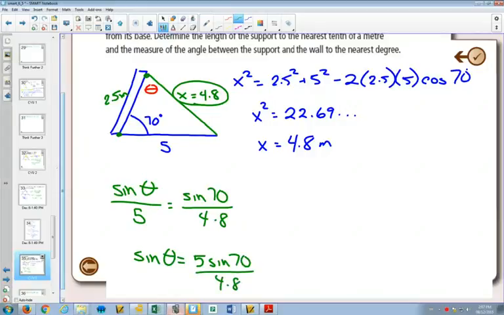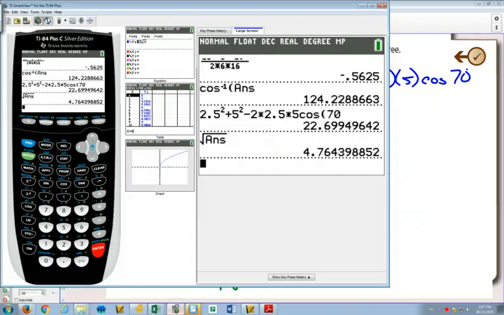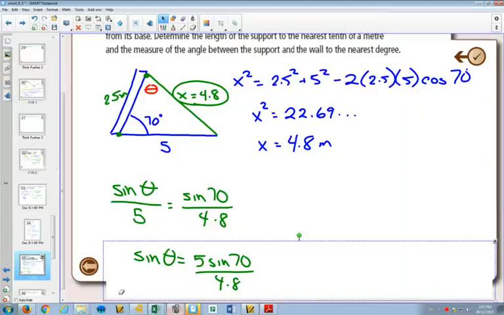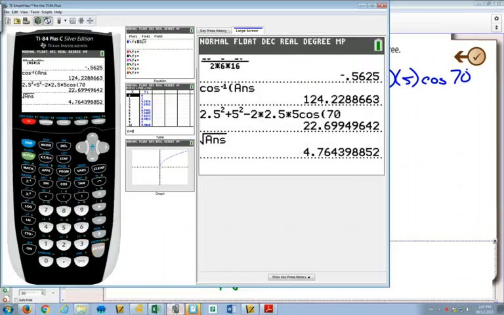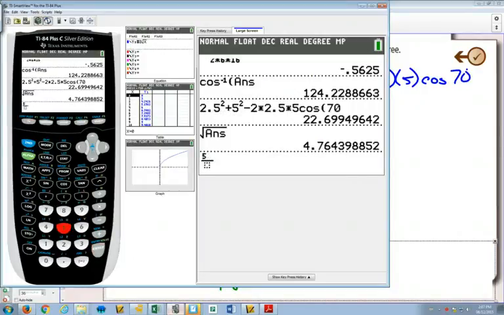Now I'm writing 4.8, but that number was rounded. Whenever I do my calculations, I'm going to use all of these decimal places. 4.764399. So when I go to my calculations and type this in, 5 sine 70 divide by 4.764.